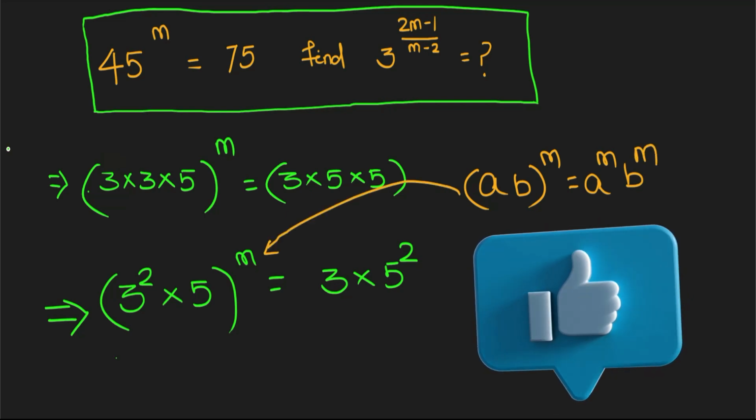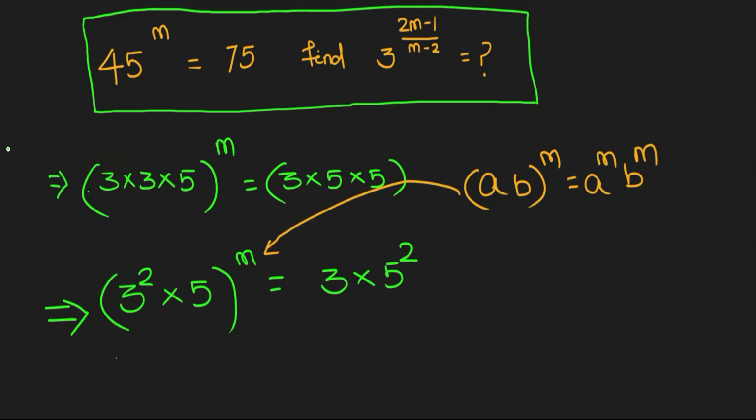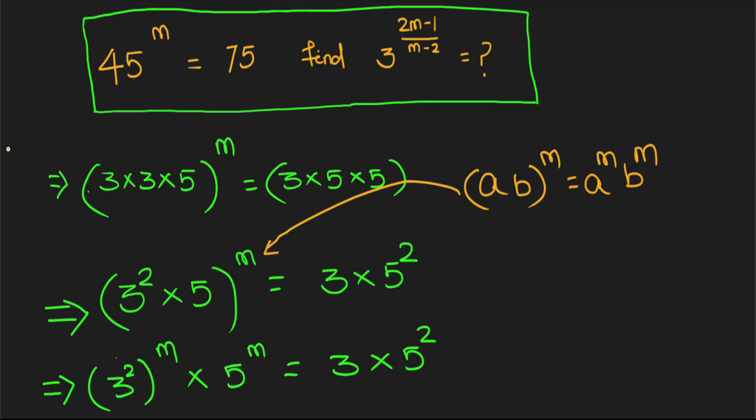We will apply this formula here and we can write this equation as (3 square) whole to the power m into 5 to the power m is equal to 3 into 5 square. As we know another formula, (a to the power m) whole to the power n is equal to a to the power m into n.